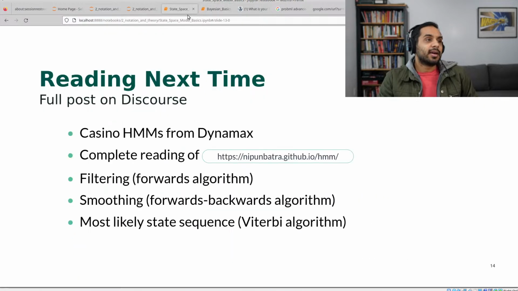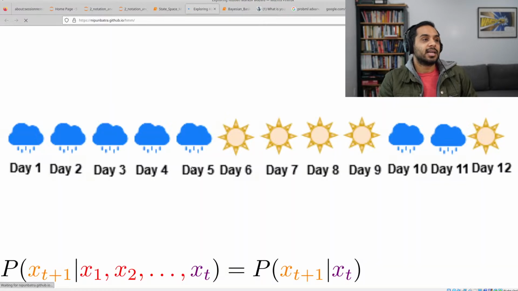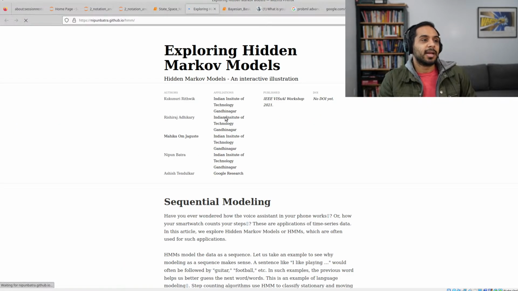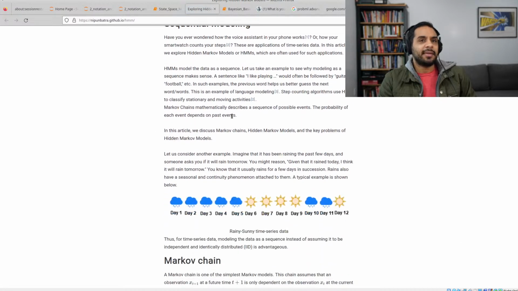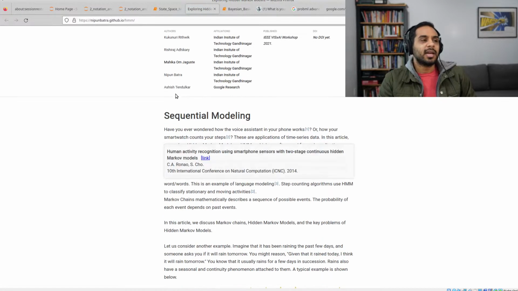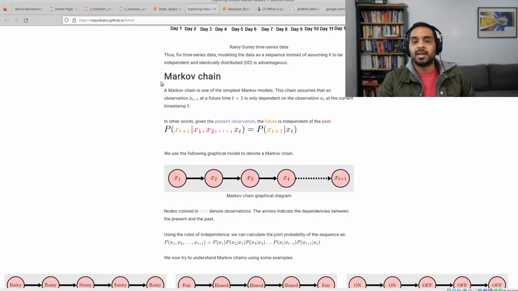Another reading that was also mentioned, it's in Kevin's book, is reading through the entirety of this particular blog post from the India Institute of Technology. This was a light reading from our current week, but now we're going to do a full reading, and we really want to dig into all the bits and pieces here.